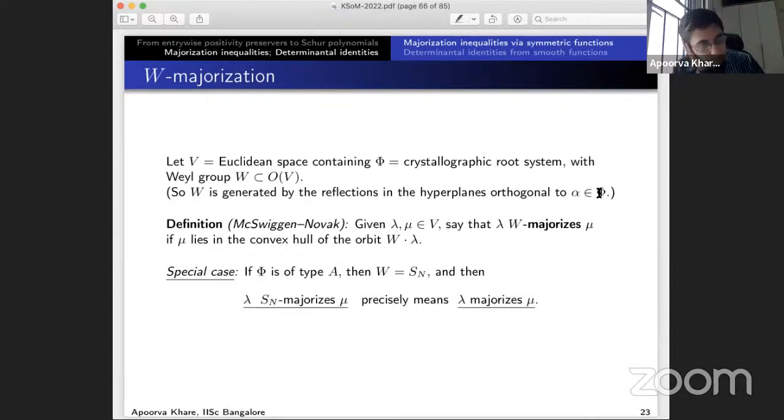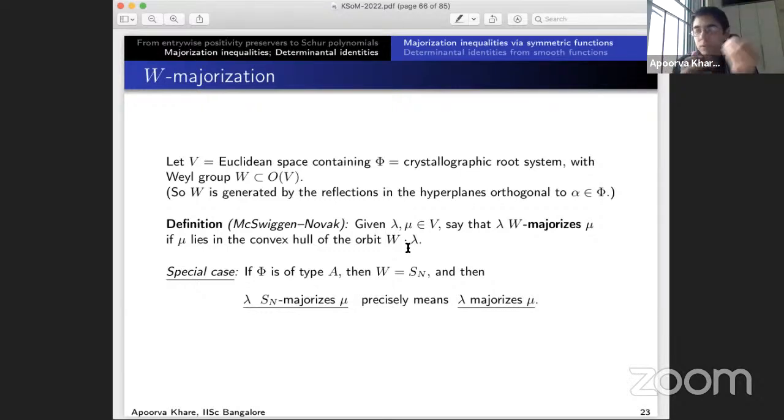Okay, so McSwiggan and Novak define W-majorization in this general setting. The point is, there is a different characterization of usual majorization. Lambda majorizes mu if and only if the vector mu lies in the convex hull of the permuted elements of lambda.